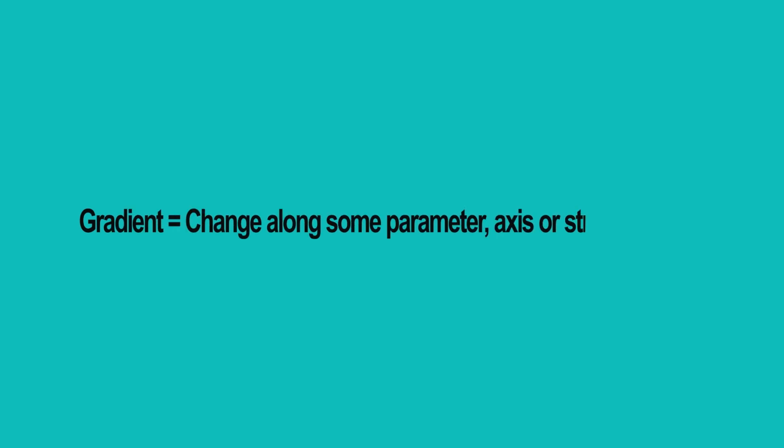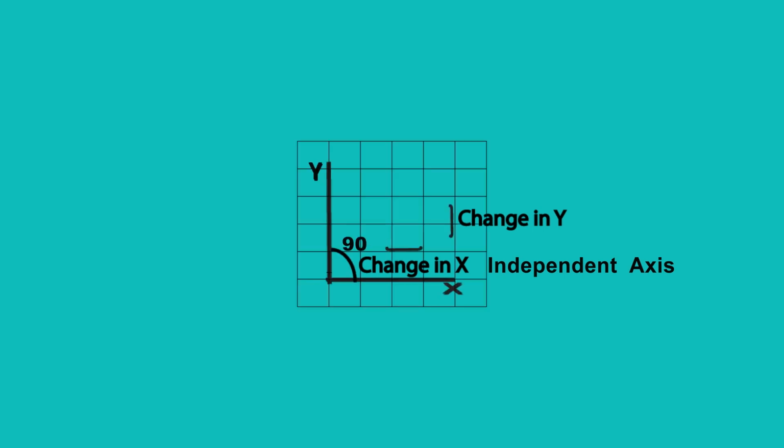So, the gradient is the change of some parameter along an axis or straight line. If this parameter is measurable, is being changed with respect to the independent axis, and its values are plotted along the right angle axis to the independent one, the gradient will now be termed slope. So what is the slope?